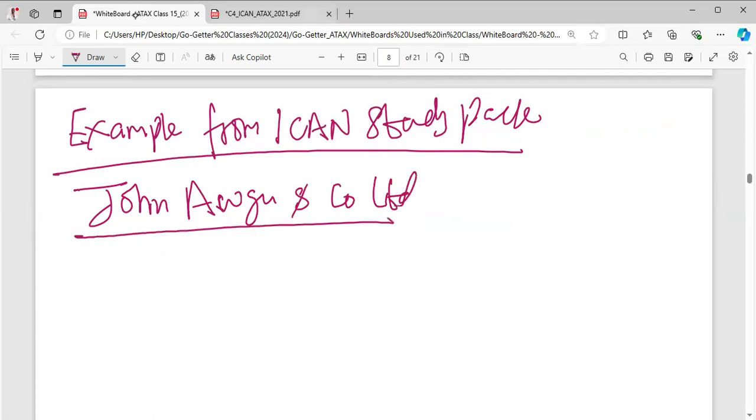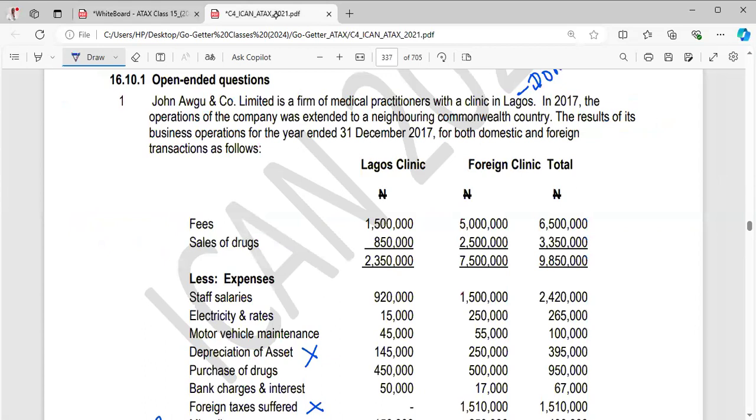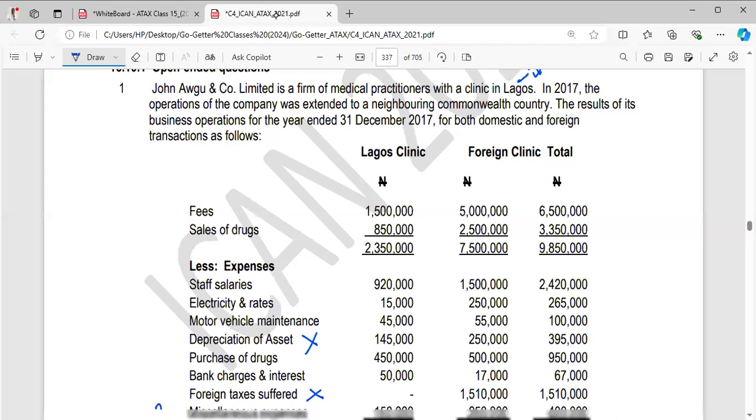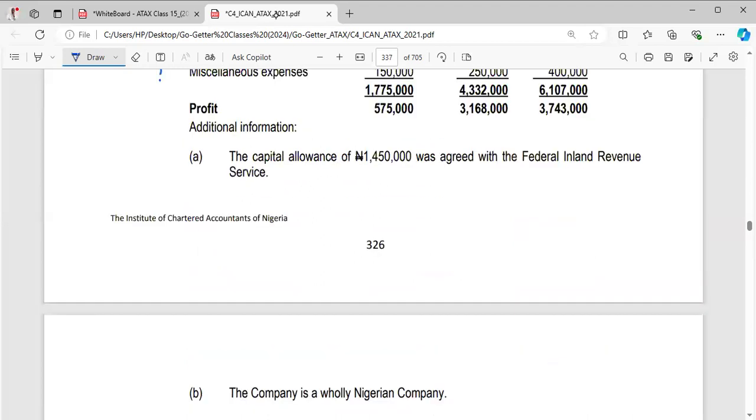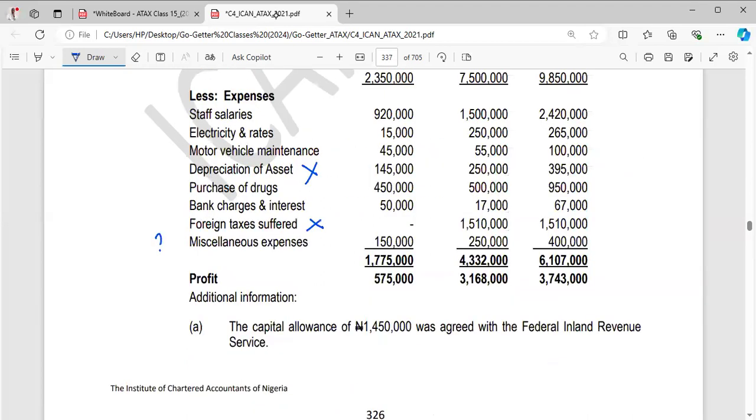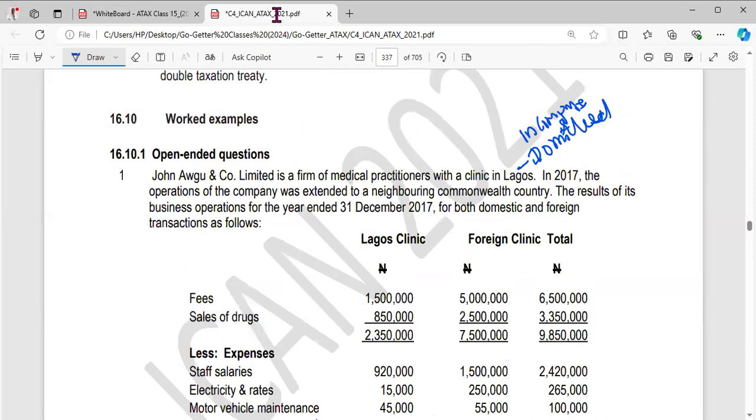Okay. So what are we asked to do? We are asked to look for income tax liability. And which year of assessment is that? 2018 year of assessment.